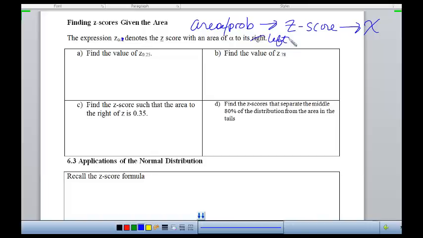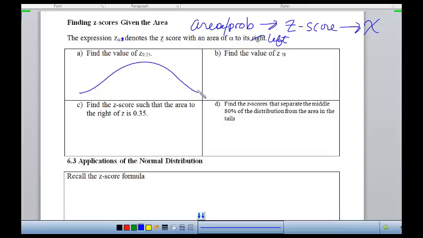Scratch out right, put left. It's the z-value with an area of alpha to its left. So in this example, when it says find the value of z 0.25, just scratch off the 2. We'll talk about alpha over 2 another day.